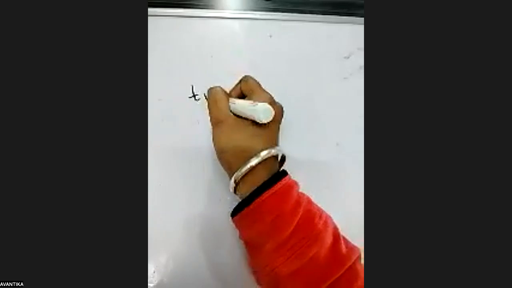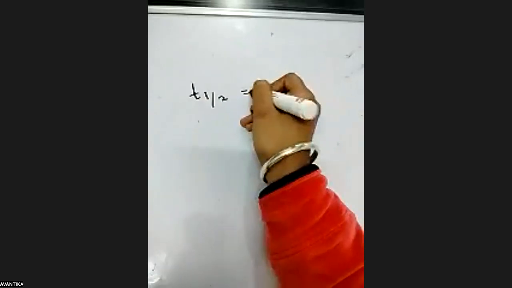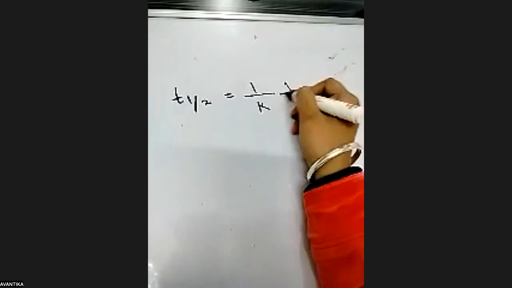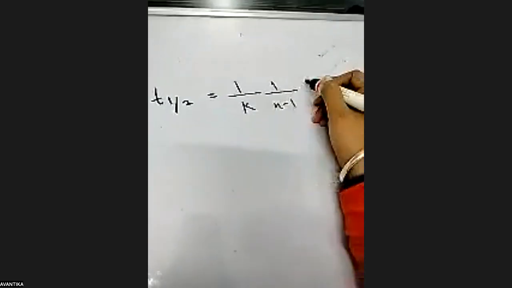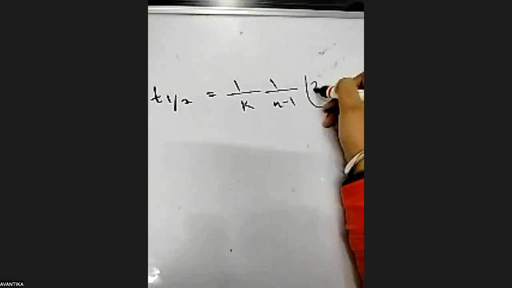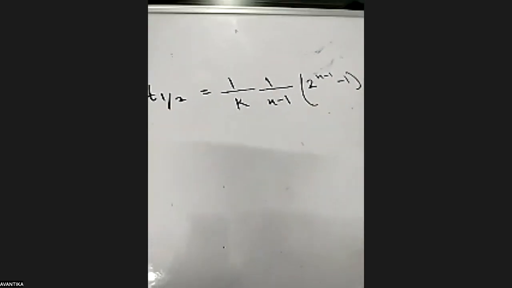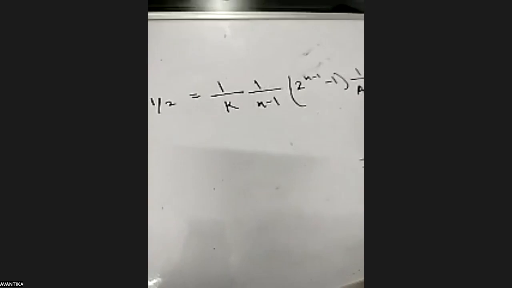The general expression for finding t half of nth order of reaction is t half is equal to 1 upon k into 1 upon n minus 1 into 2 raised to power n minus 1 minus 1 into 1 upon A naught to the power n minus 1.